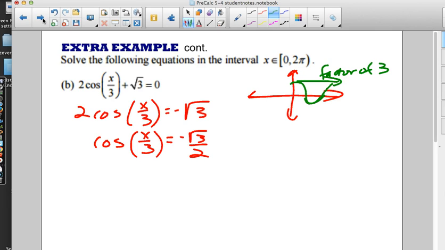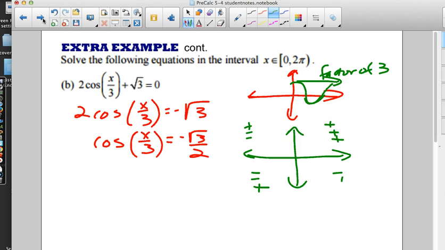So at this point, we need the cosine to be negative square root of 3 over 2. Okay, cosine. Cosine is adjacent. So if the adjacent side is the square root of 3, that means the opposite is a 1. Hey, this is 30 degrees again. So if it's got to be a negative cosine, you could start here and say, hey, negative square root of 3 over 2.